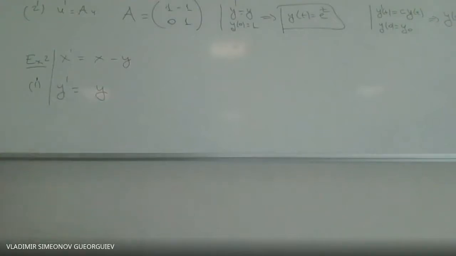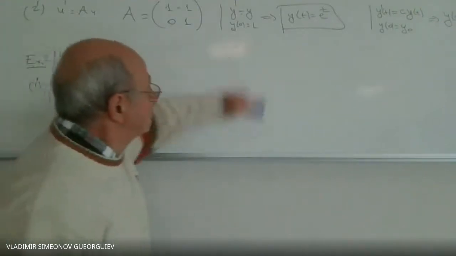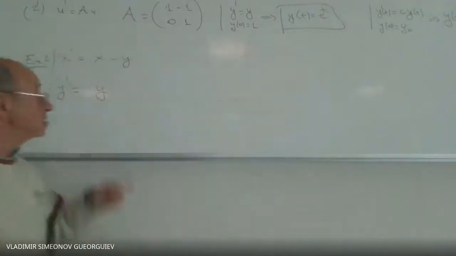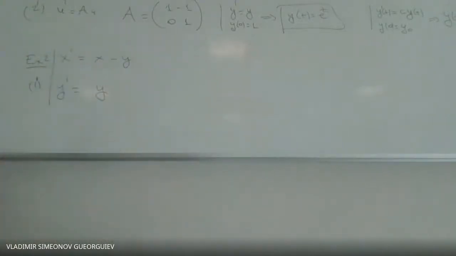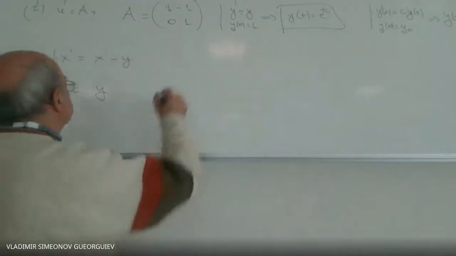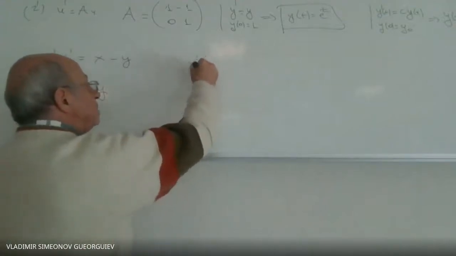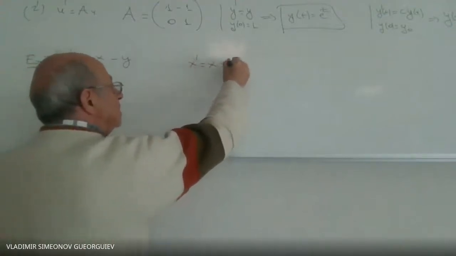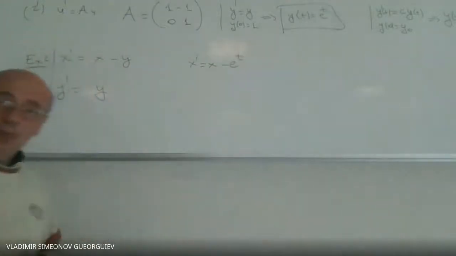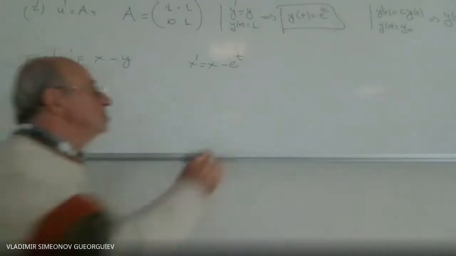Let us now turn. As we explained, epsilon is known, so we have this solution. X prime is equal to x minus a to the power t. This equation is a partial case of a very general equation that we studied.